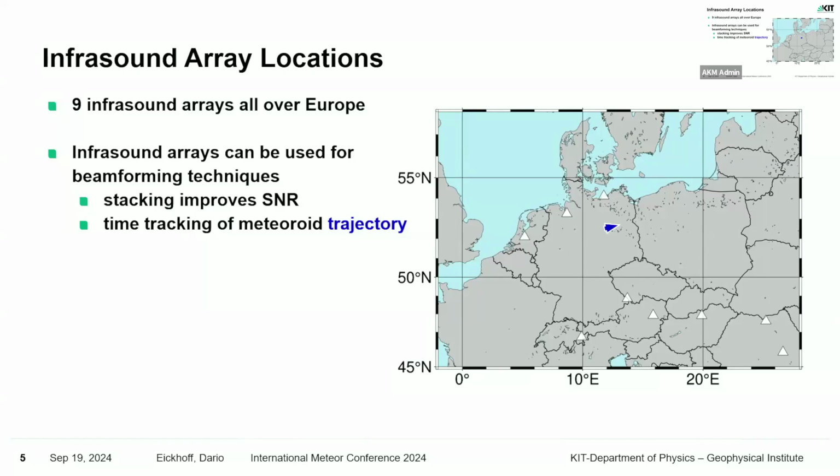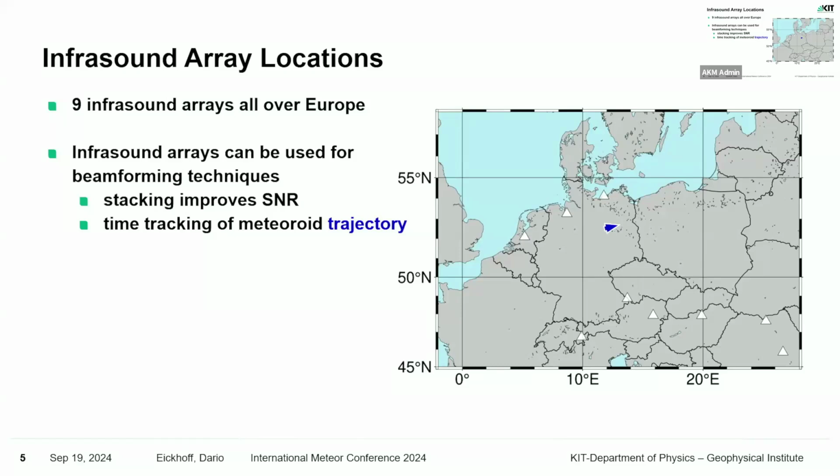The nice thing with arrays is that we can perform so-called beamforming techniques. Beamforming is essentially a form of stacking signals, so it improves our signal-to-noise ratio. So we can get signals from stations which are very far that would otherwise not be able to recover the signals if they were single stations only.